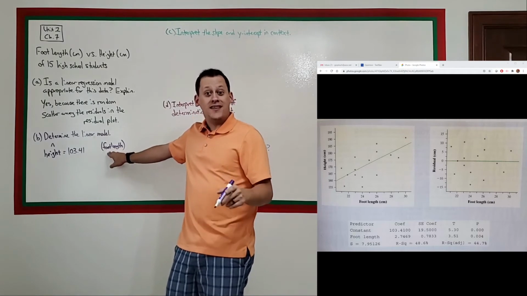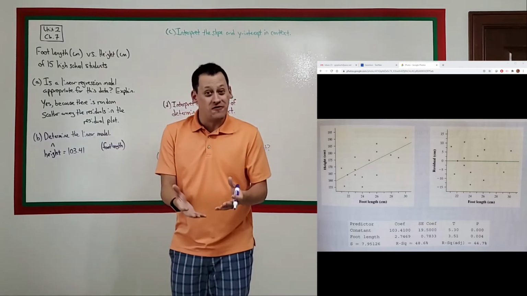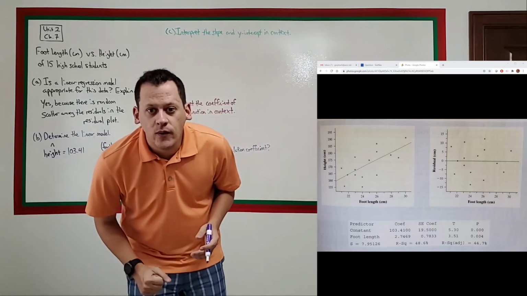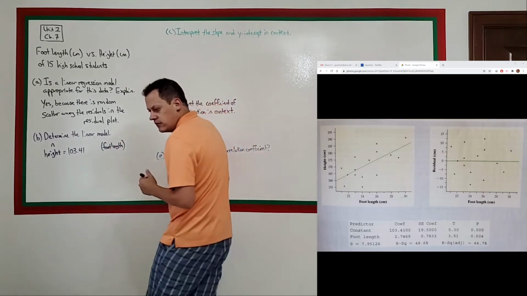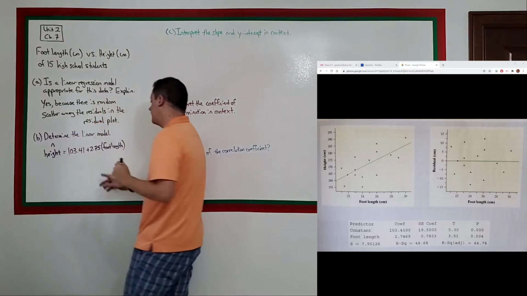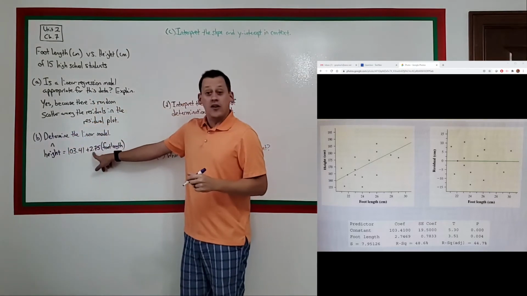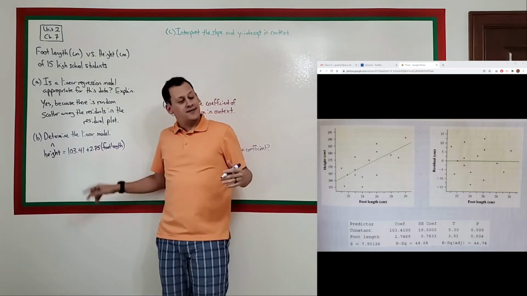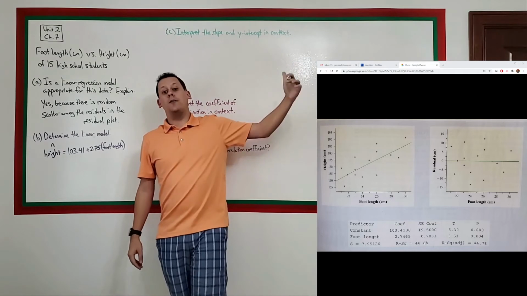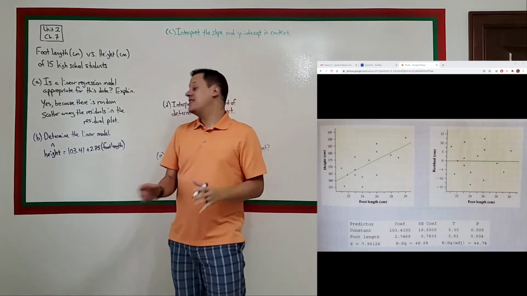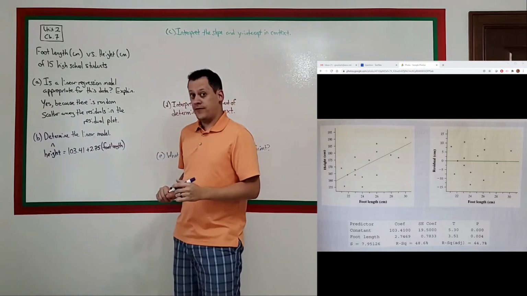So where it says foot length, that coefficient for the slope is going to be 2.75. Positive 2.75. And we know that that should be a positive number because if we look at the scatter plot, the slope of that line is in fact positive. It's going up to the right. So this is our model. And that is how you read the table to determine it.